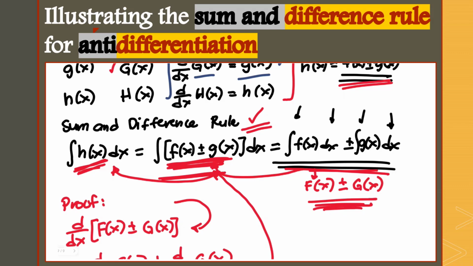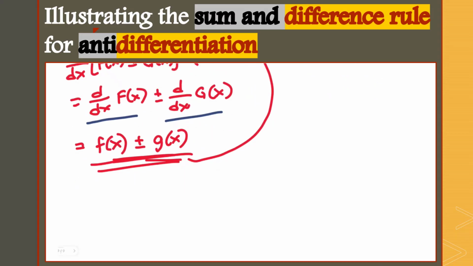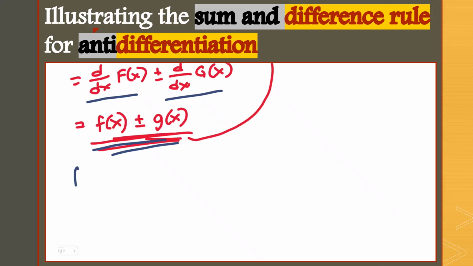Before we end this and proceed to another video explaining with some examples, let us not forget that this rule would extend not just for two functions, it would extend for more than two, or even infinitely many. Let's say we have the integral of f sub 1 of x plus-minus f sub 2 of x plus-minus f sub 3 of x, and so on and so forth.